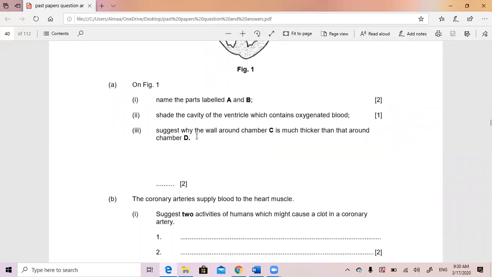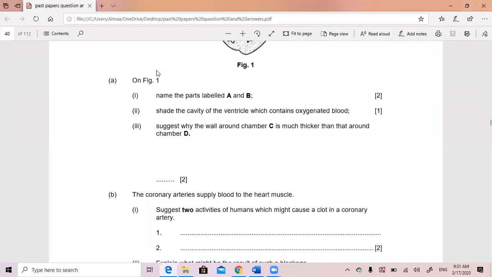Why is the wall around chamber C much thicker than around chamber D?